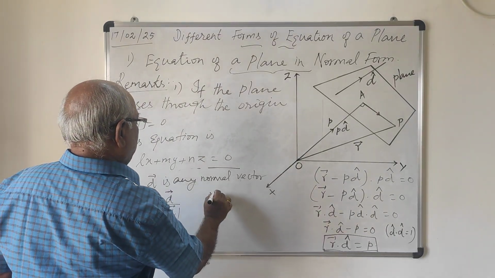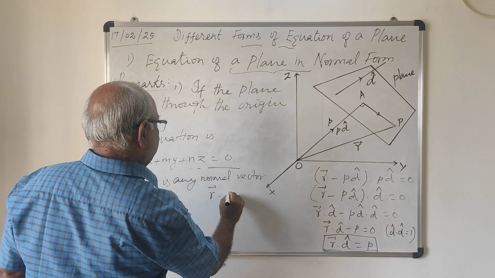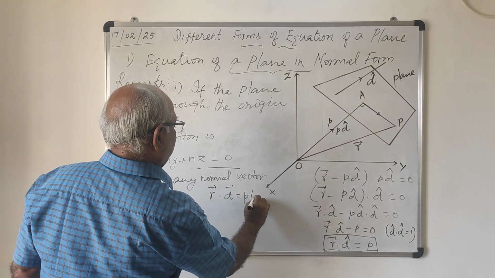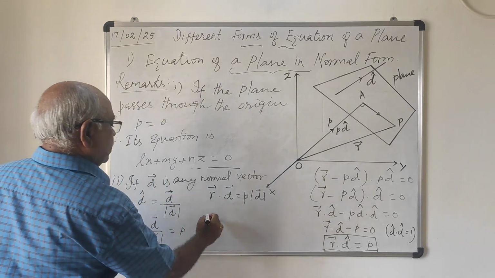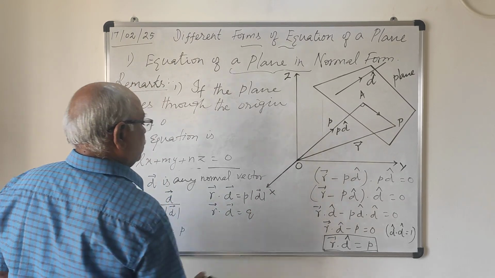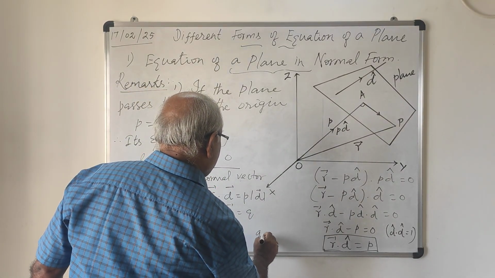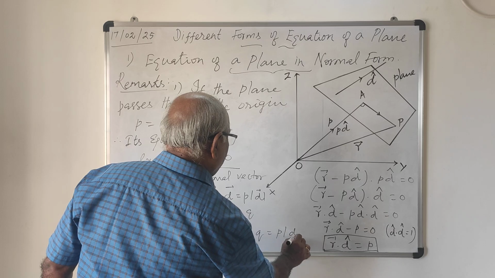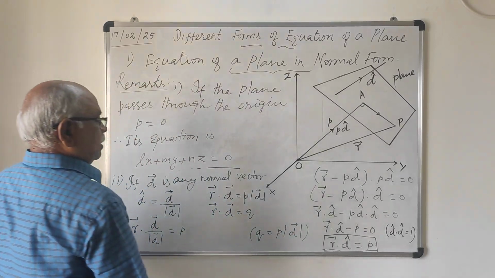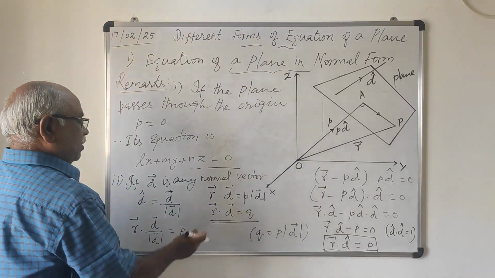That is again, r dot d vector, not d cap, equal to p into mod of d vector. That is, r dot d vector equal to q, where q equals p into modulus of d vector. So this is the normal form of the equation if d is any vector.